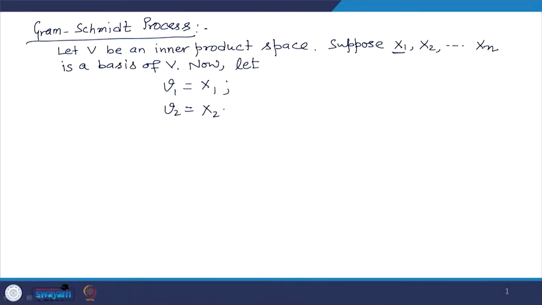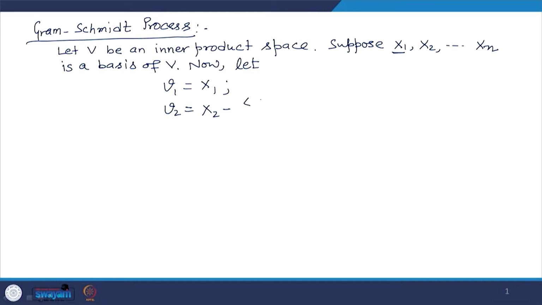Whatever component of x2 is there in the direction of x1, if I subtract that from x2, then after subtraction, whatever vector you get will be perpendicular, or orthogonal, to x1. So, I will use this concept. V2 equals x2, and from x2 I will subtract the component of x2 that is in the direction of x1.